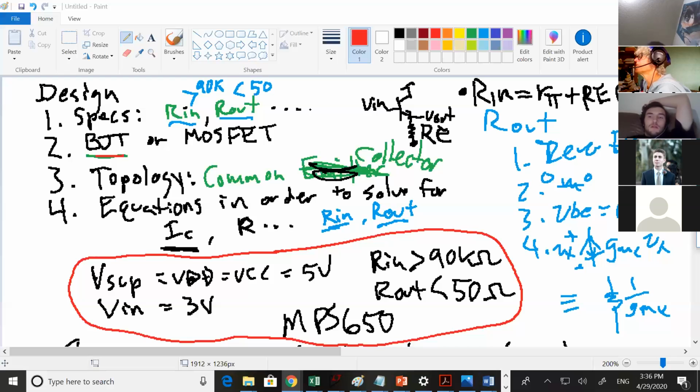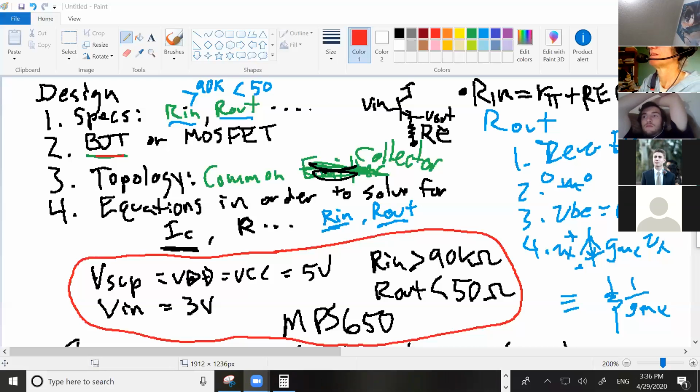Can you give an explanation why the current source goes to 1 over GM? Anybody? 1/GM is much smaller than R naught and R pi. How about going up and saying why the current source can be turned into the resistor?